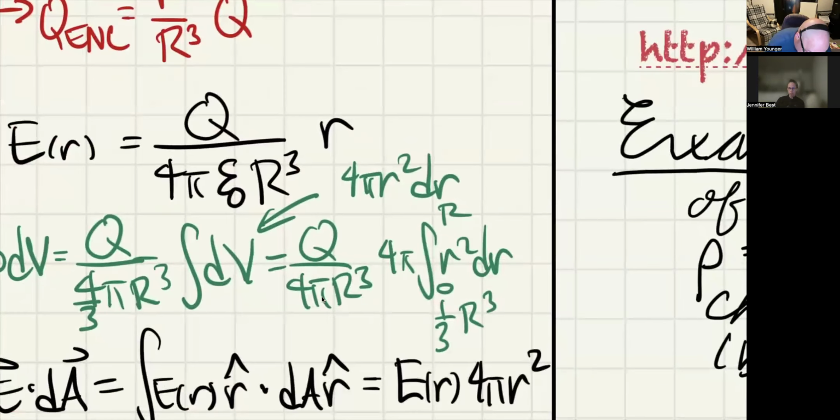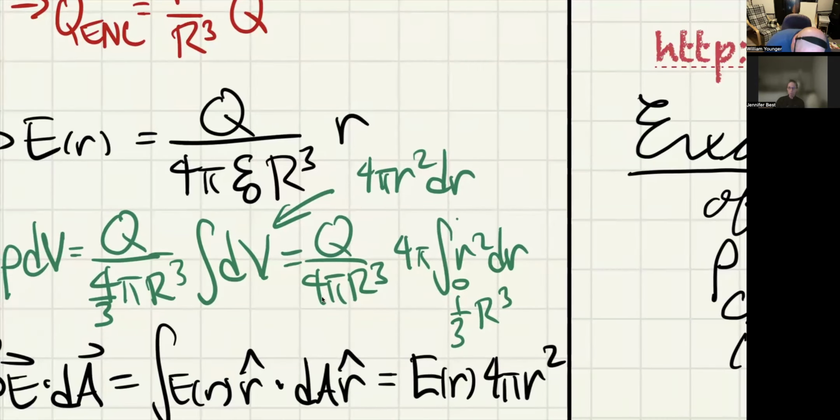Excuse me. So integrating that to little r, you can see that I would ultimately get 1/3 little r cubed.